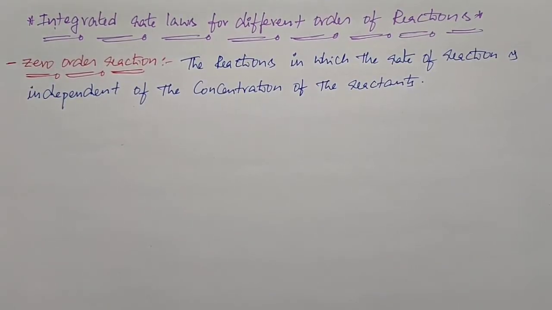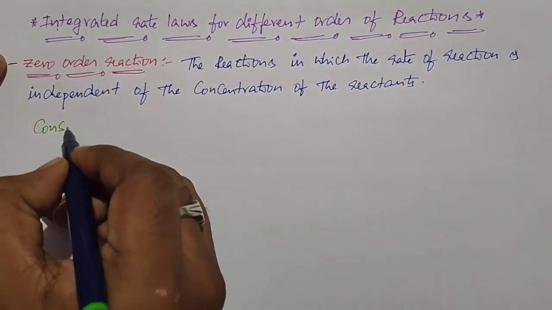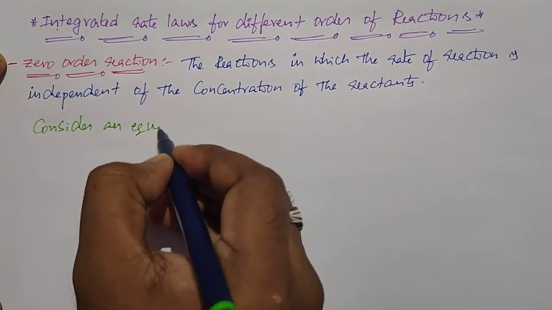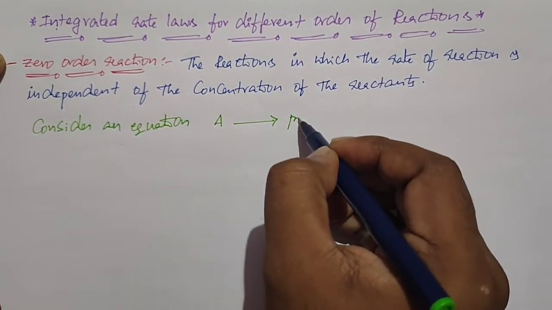So to get the integrated rate equation for a zero order reaction, I just consider an equation. Consider an equation, that is A gives rise to products.